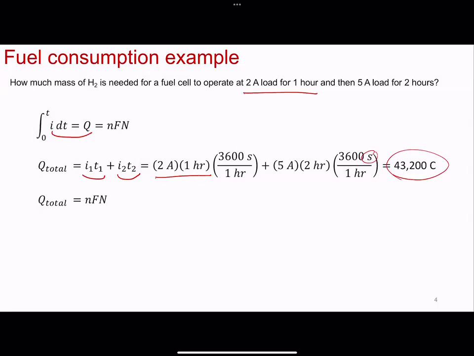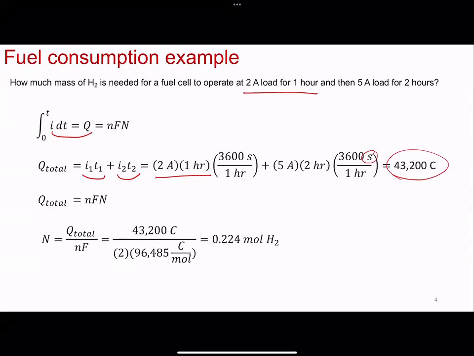But we know from before that charge is related to the number of moles of gas that you have, and also the number of electrons that are being transported. So we can do algebraic manipulation, and we know the total charge divided by the number of electrons times Faraday's constant gives you this particular number.